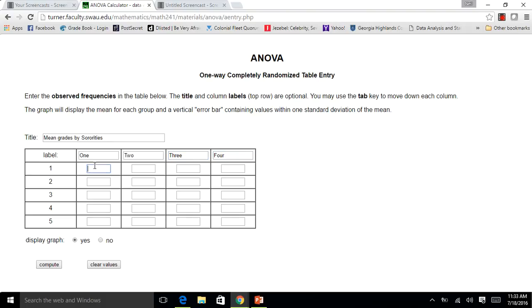For the first sorority, I'm just going to put in the average grades based on what I found in the book. That's all I'm doing here.